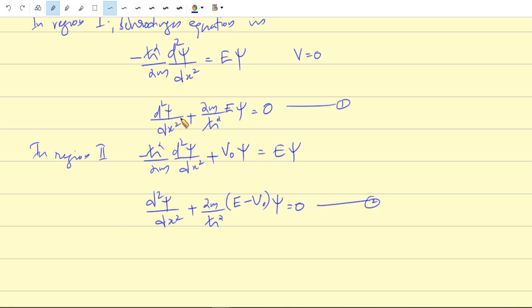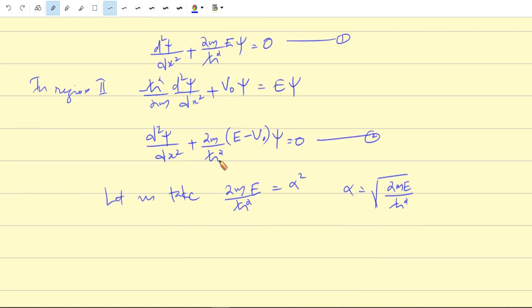Okay, so we can substitute the value of 2m by h cross square E as some alpha square, or alpha is equal to root of 2mE by h cross square.